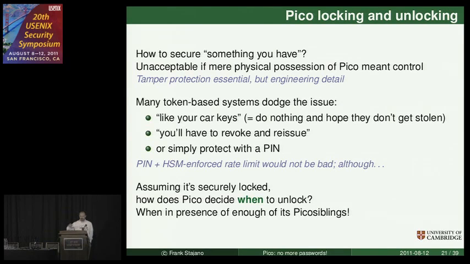If you get a few wrong pins, then it takes longer and longer before other pins can be tried. So long as this is not bypassable by opening it up and then poking around with microprobes, then this would be a good start. But of course, the pin is still something that someone can observe. The no shoulder surfing benefit is not offered, and all that kind of stuff. Plus, you will forget the pin, or you will make up a pin which is based on your birthday or something like that.